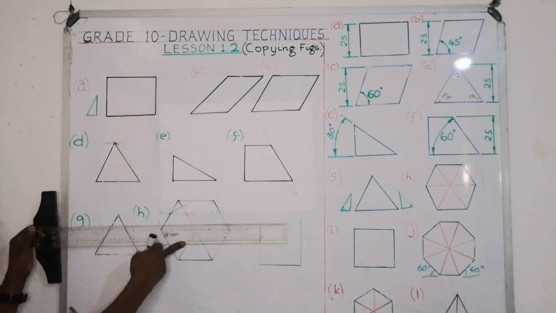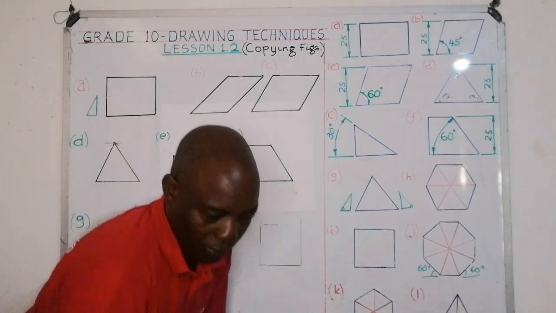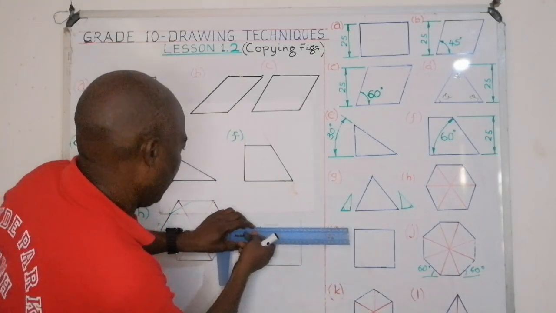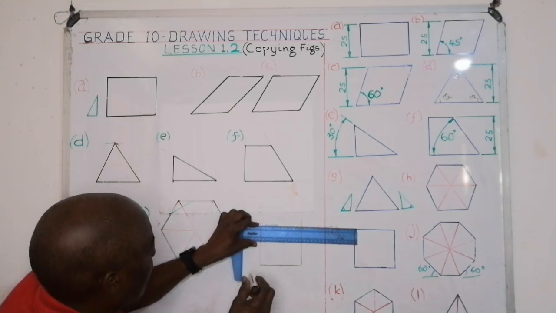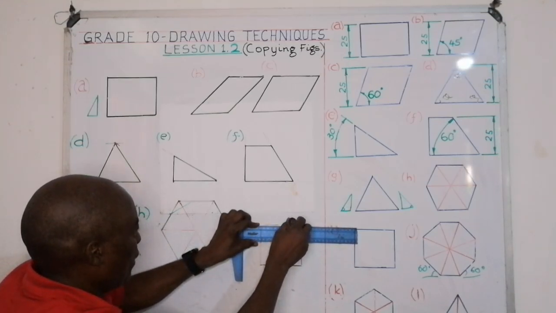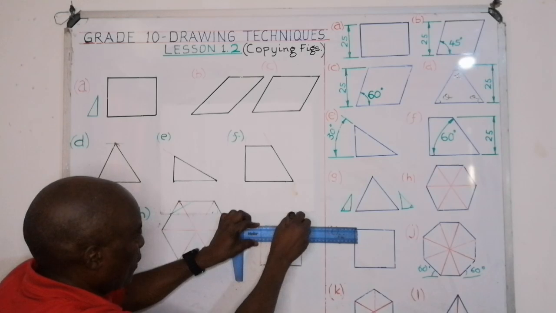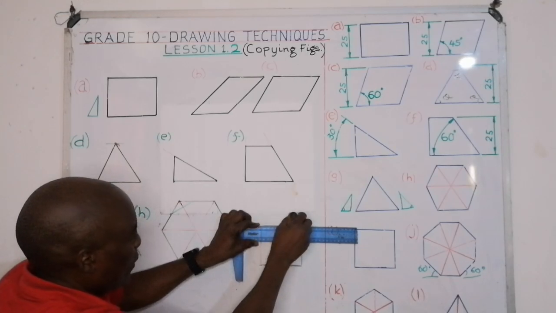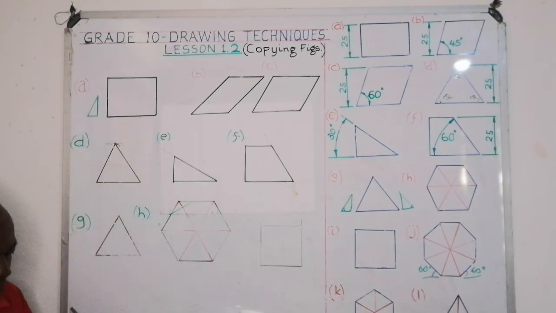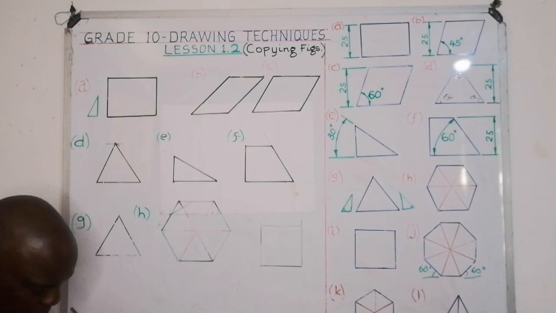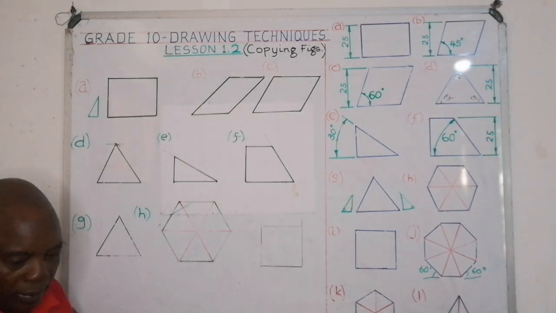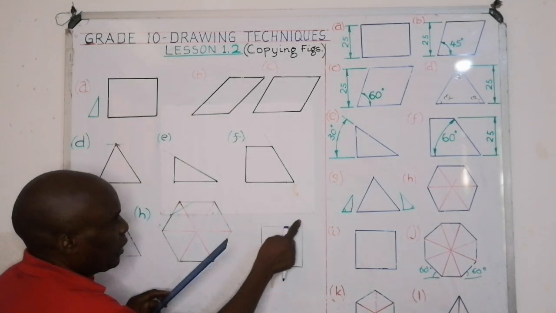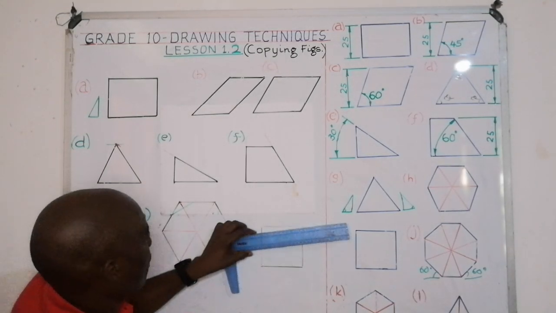Let me finish off using this. We have to use blue here. It's my outline. Black is also dried up.